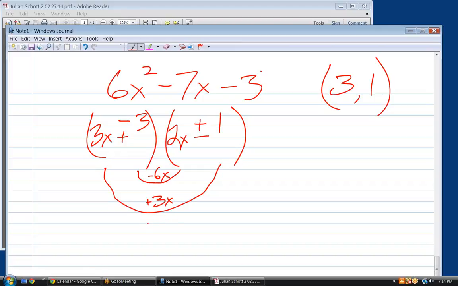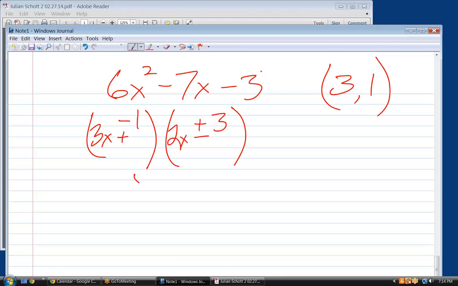Negative 3x. So that's not right. In other words, this isn't minus 7x. So that's not our solution. And in fact, it wasn't even a 7. So let's try switching the two numbers, putting the 1 there and the 3 there.